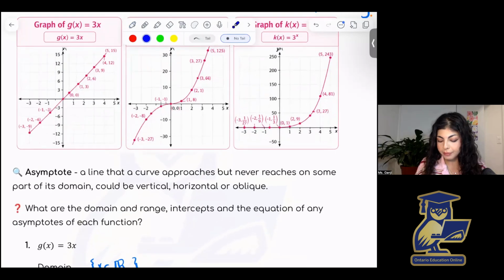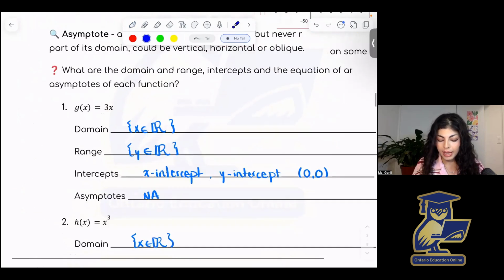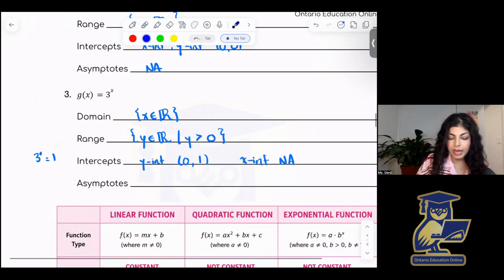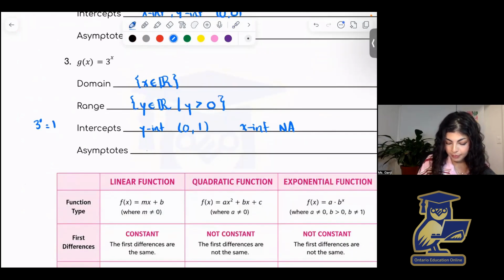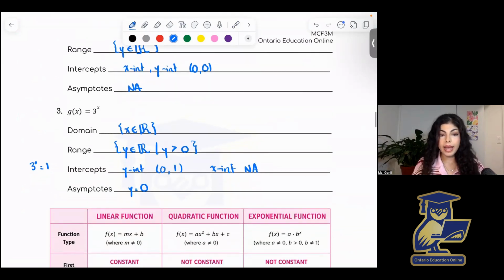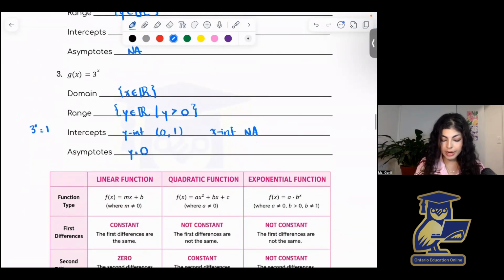However, we do have (0, 1) as our y-intercept. And so here we do have an asymptote, and it will be y equals 0, which is just our x-axis, our horizontal line here.